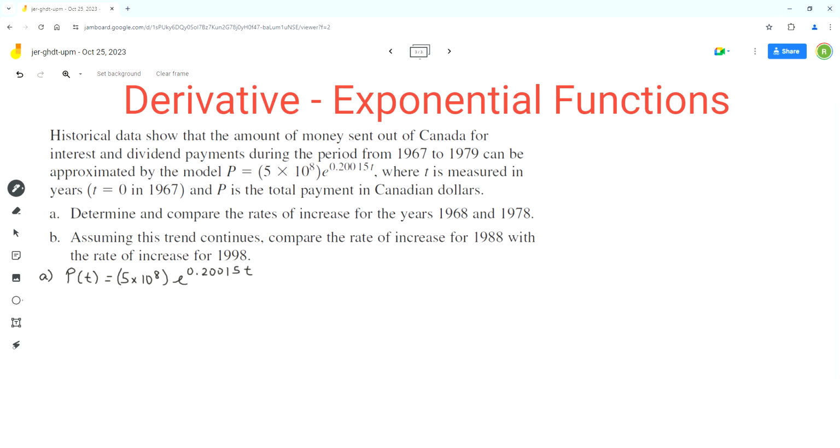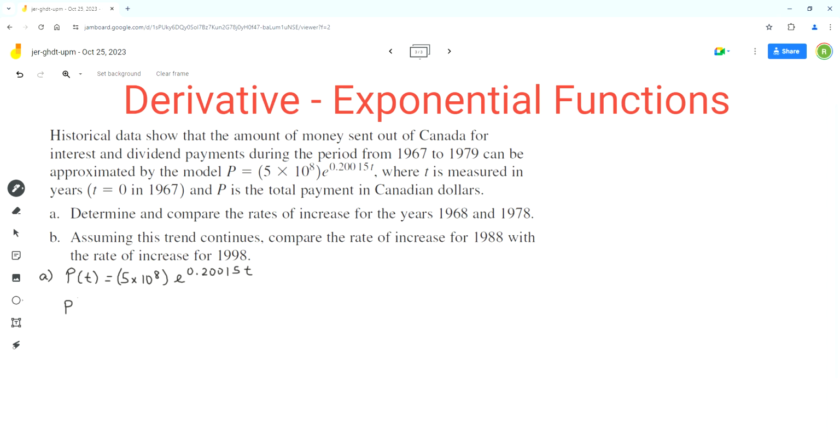We can start by finding the derivative of this function. This is an exponential function with the base e. So the derivative of this function will be, in this exponential function, 5 times 10 to the power 8 represents the coefficient of the exponential term. So that term will stay the same.